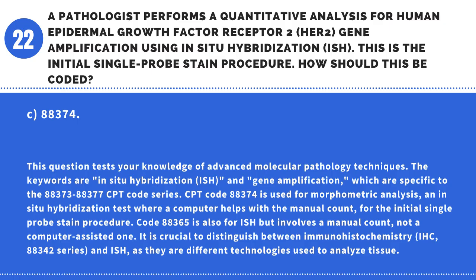CPT code 88374 is used for morphometric analysis, an in situ hybridization test where a computer helps with the manual count, for the initial single probe stain procedure. Code 88365 is also for ISH but involves a manual count, not a computer-assisted one. It is crucial to distinguish between immunohistochemistry, IHC, 88342 series, and ISH, as they are different technologies used to analyze tissue.